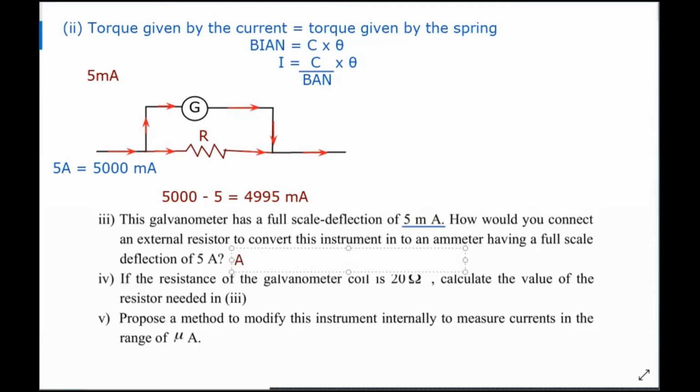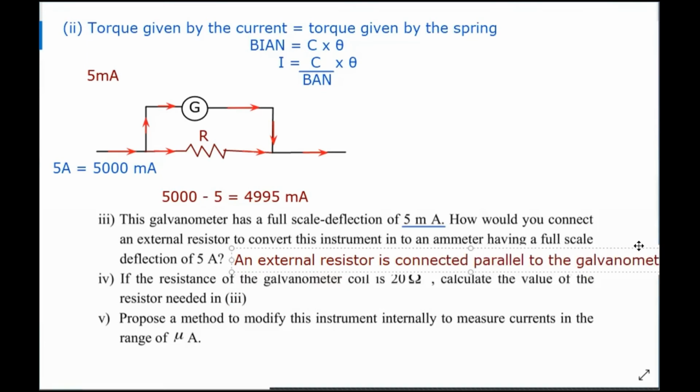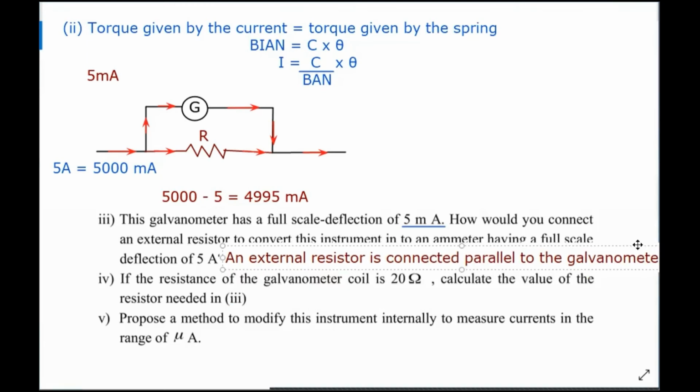So we write: an external resistor is connected parallel to the galvanometer. This is the answer.